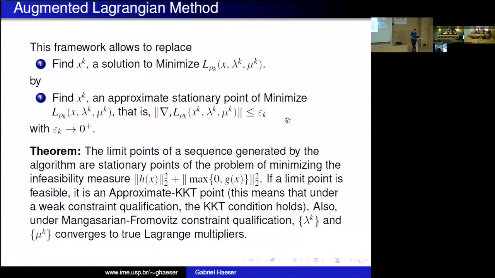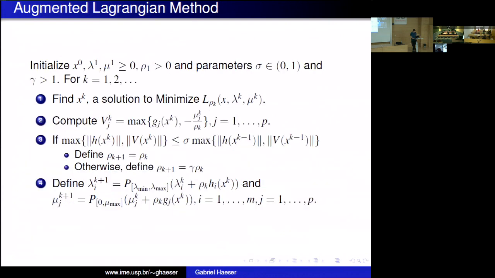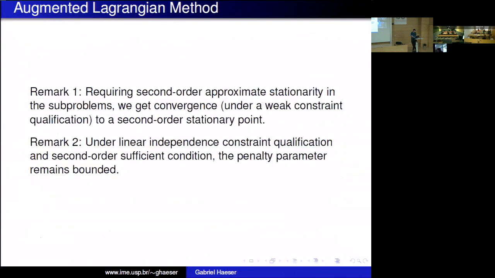So this is something that is explored in the implementation. And there are some other variations here. You can replace this measure here. If you use some other measure here, you in fact get this result: the penalty parameter remains bounded under a weaker constraint qualification. So there are many variations of this method, and many papers published about this.